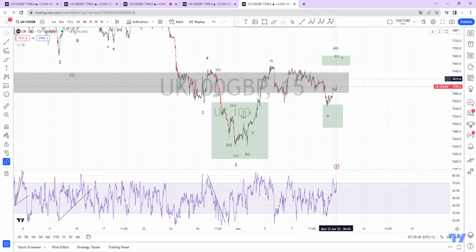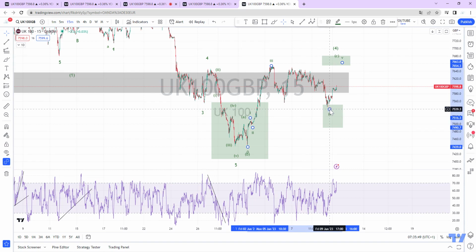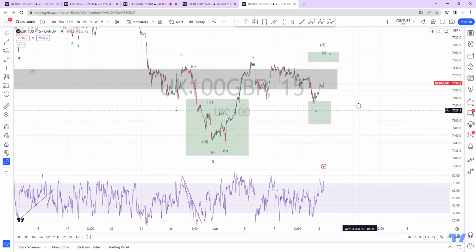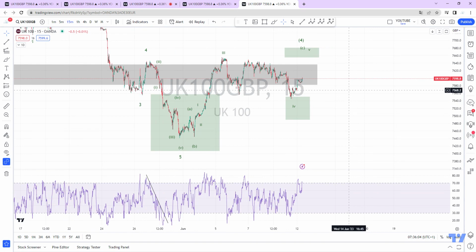So this makes me think that this can be considered as a wave 4, which would mean that there is still the opportunity to short from this area here when the wave 5 has ended. Yeah, it starts to look messy and unlikely, but I think it is still possible that this could be a valid count.